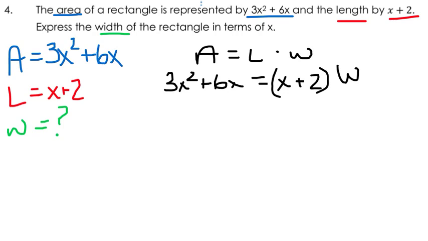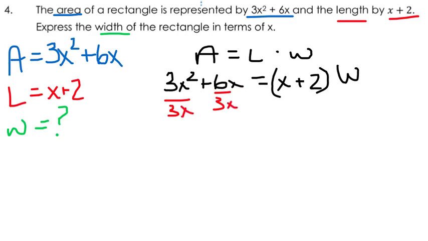Let's start with our coefficients. 3 and 6. The biggest number that goes into 3 and 6 is 3. So I know I can pull out a 3 here. I'm going to divide out my 3, divide out my 3. I'm just factoring. And then I look at my variables. I have an x squared and an x, so the most that I can take out is 1x.